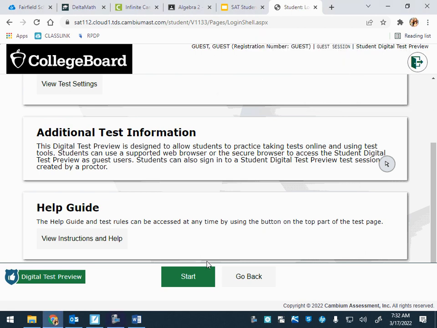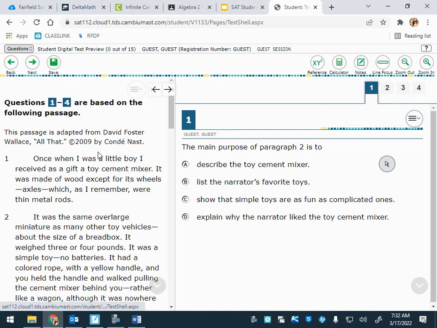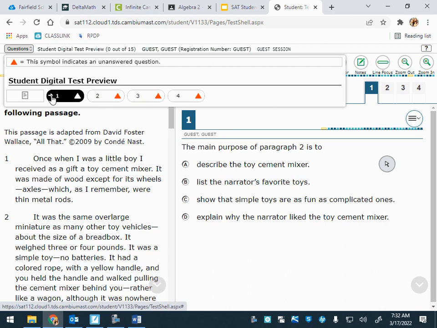Let me just lower that. Okay, so they start with the reading test and writing test. Some of the tools, once you go through, like if I click next, if you toggle down this questions bar, it shows you the questions that you have in that section, okay?